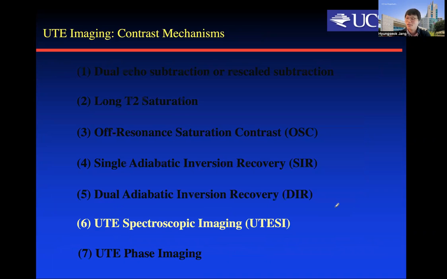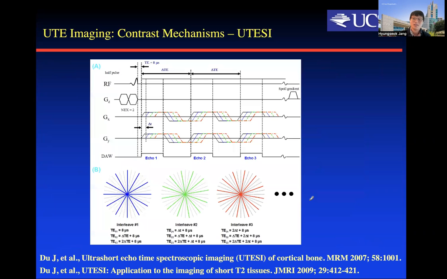And another technique is called UTE spectroscopic imaging, UTE SI. Basically, you can use this UTE sequence to get images with a very small echo spacing, a very short delay.